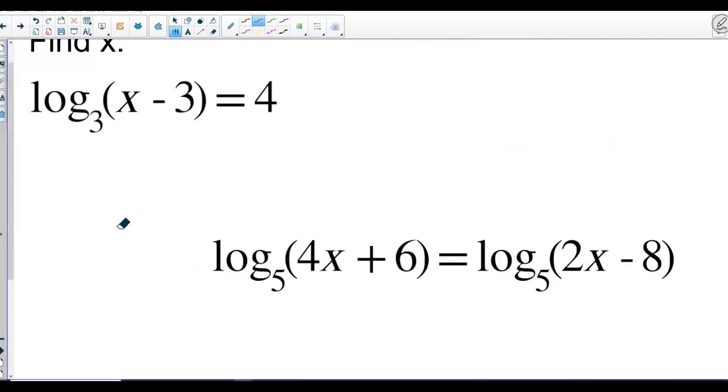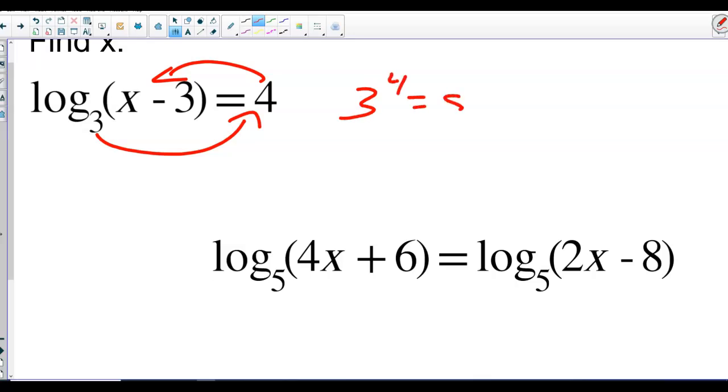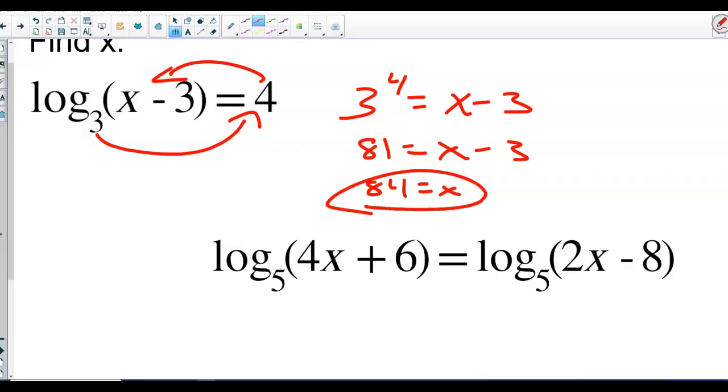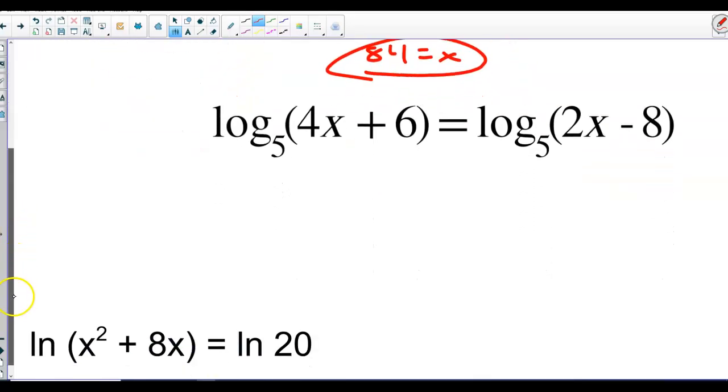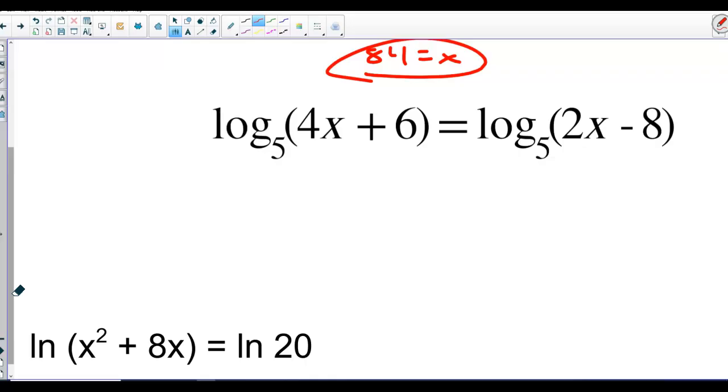So here, 3 to the 4th equals x minus 3. 3 to the 4th is 81. I add 3, my answer is 84. And that's your answer. Second one. When you have the same log on each side, you can just set them equal.